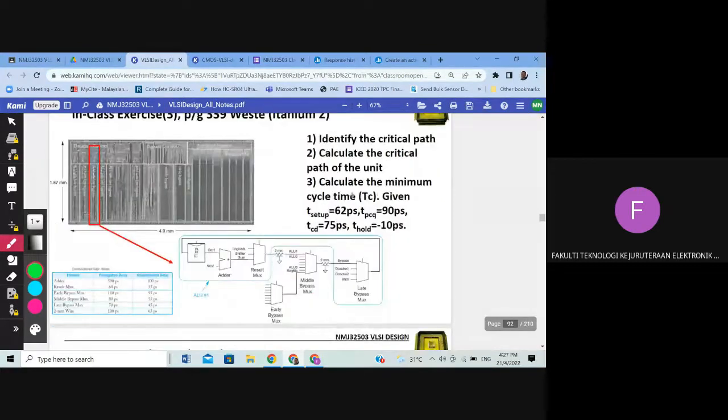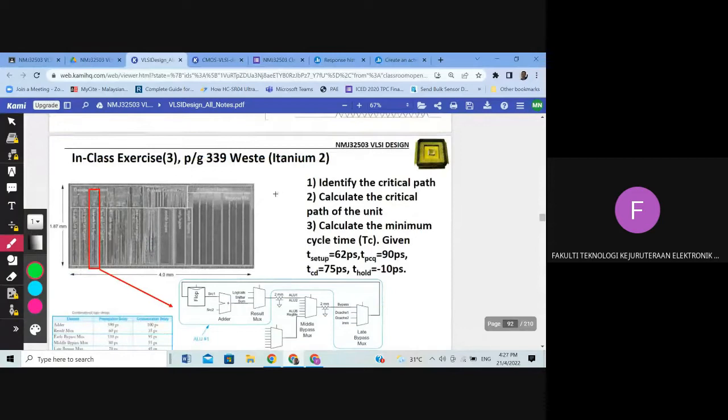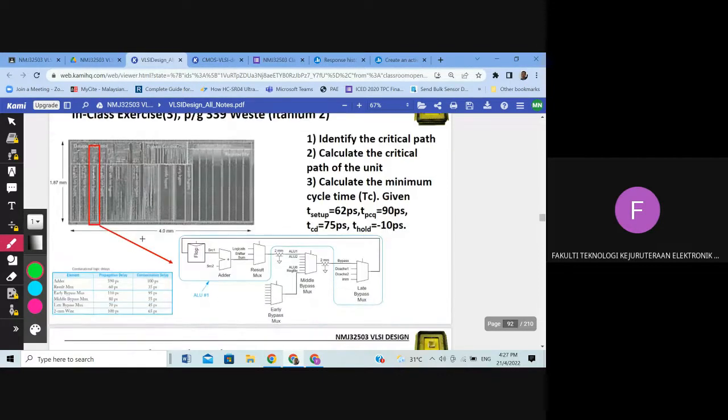The question first shows a diagram of the Itanium 2 processor. They have an ALU here, data path control, bypass control, register file and so on. We are interested in this block, the red block, and then we expand and zoom it.